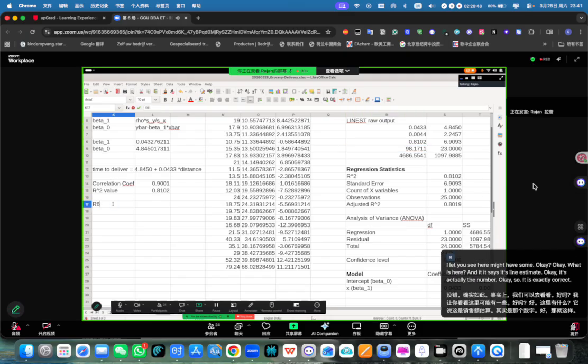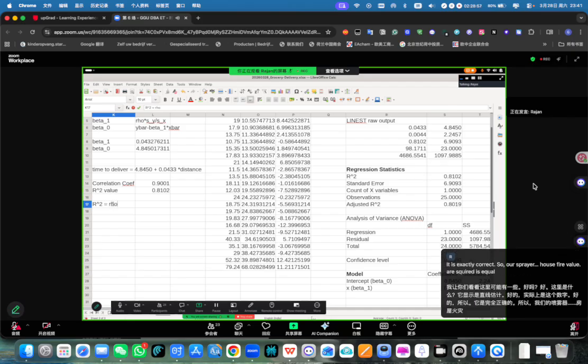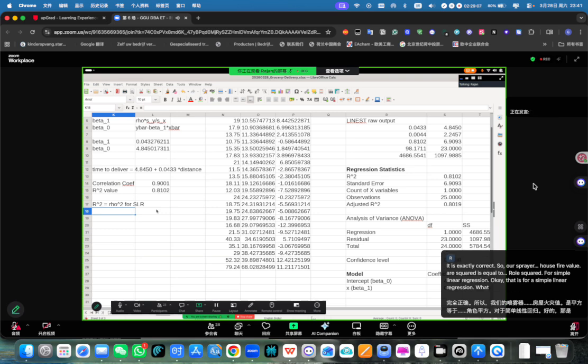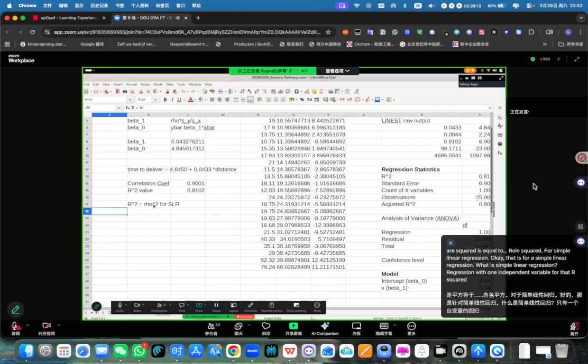So R squared is equal to rho squared for simple linear regression. What is simple linear regression? Regression with one independent variable. For that, the R squared value is rho squared. That happens to be the mathematics.